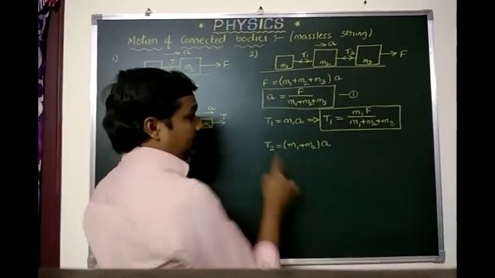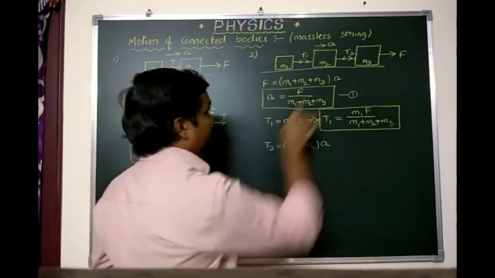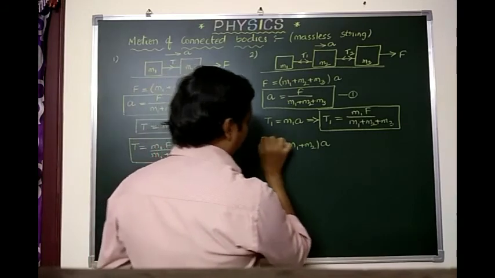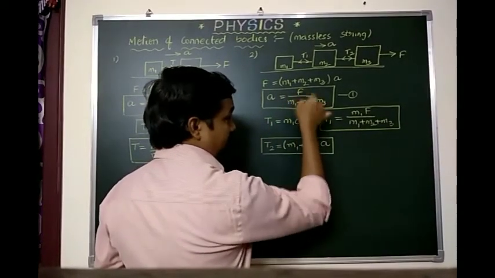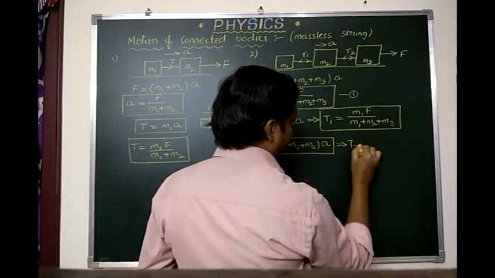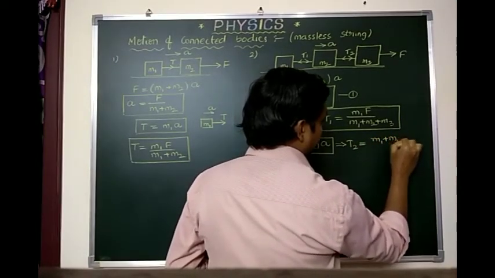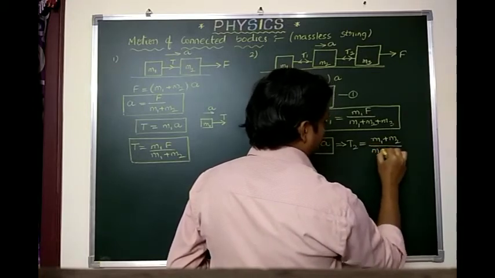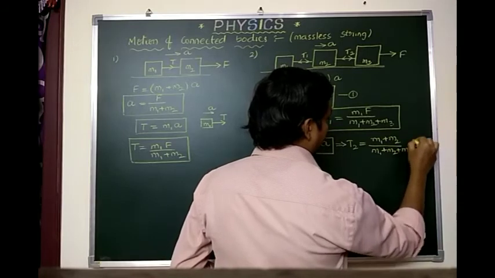So F equals (M1 plus M2) into A, where F is nothing but the tension T2. A is given by the formula above, so T2 equals M1 plus M2 by M1 plus M2 plus M3 into F.